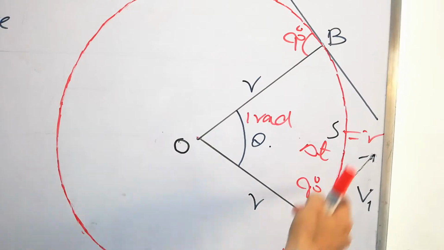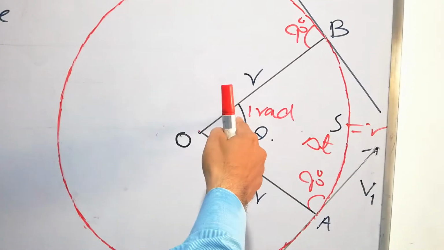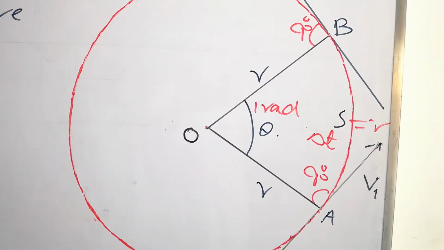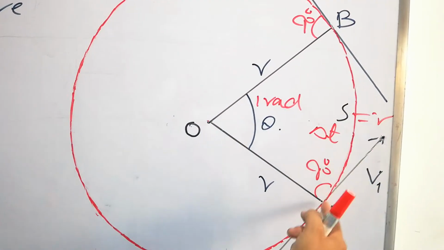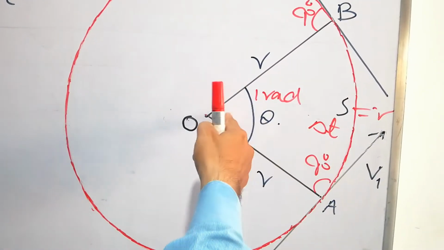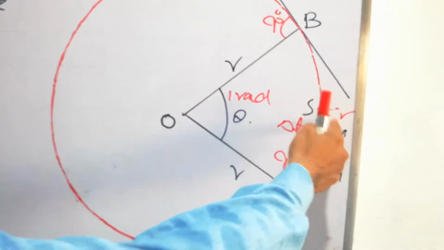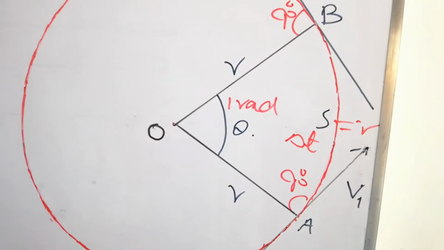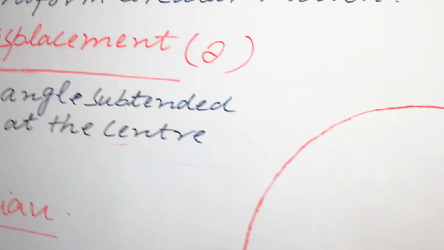If the length of the arc is equal to the radius of the circle, then the angular displacement is said to be 1 radian. That is the SI unit of angular displacement.